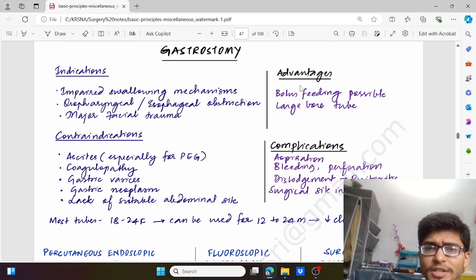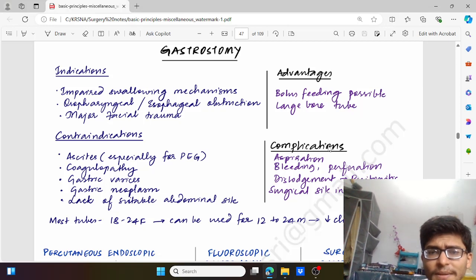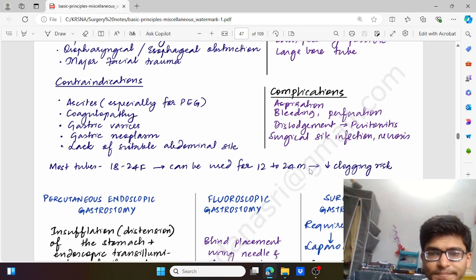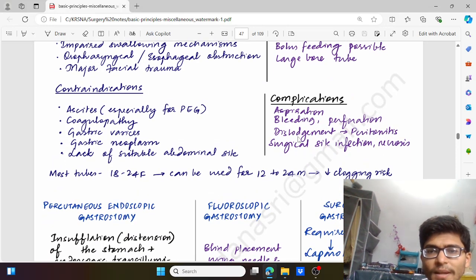Advantages: bolus feeding is possible, and a large bore tube. Complications could be aspiration, bleeding, perforation, dislodgement, peritonitis, surgical site infection, necrosis. Most of the tubes, which are 18 to 24 size, can be used for around 12 to 24 months, and there is decreased risk of clogging.